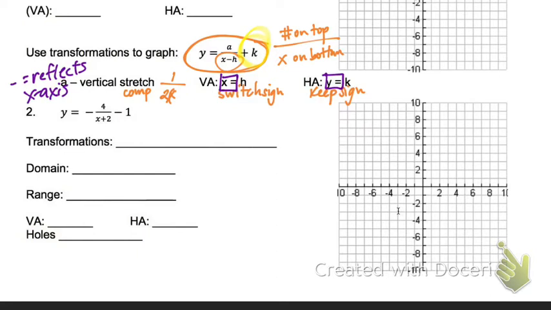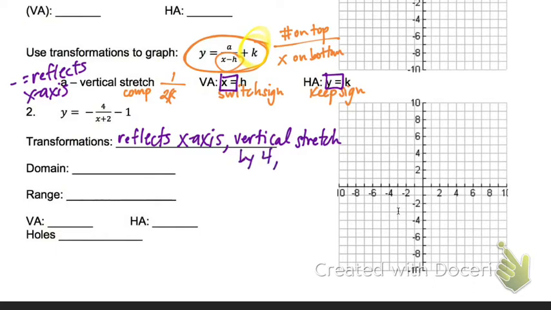So let's look at number 2. What are the transformations for number 2? It reflects over the x-axis. What does the 4 tell me? Stretch by 4, so vertical stretch by 4.